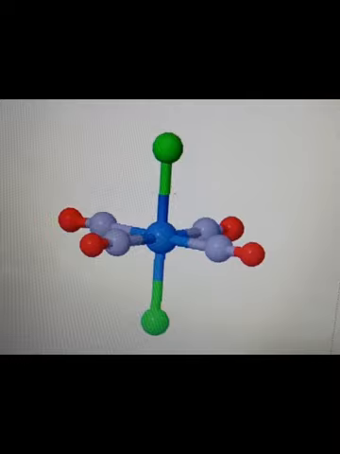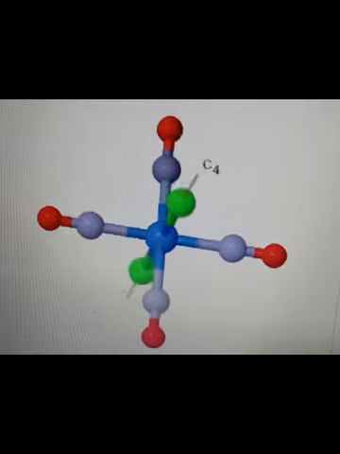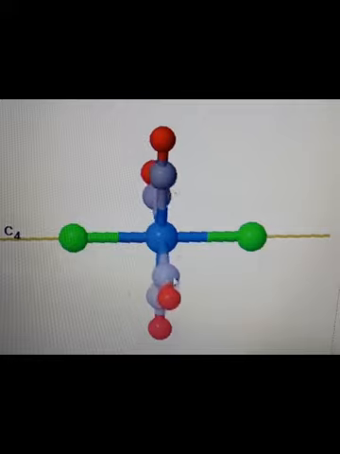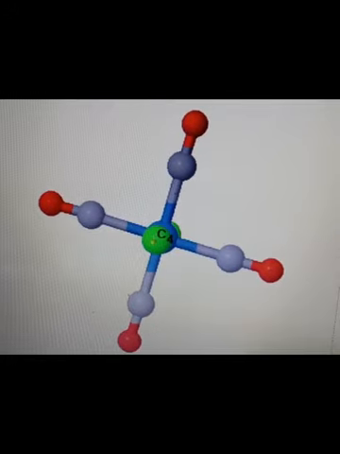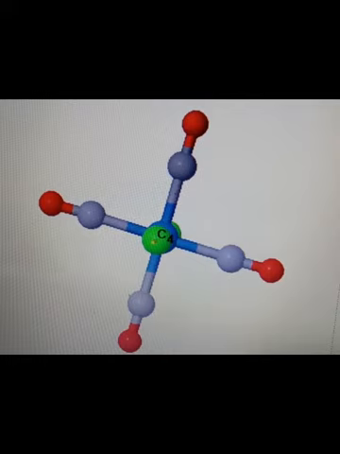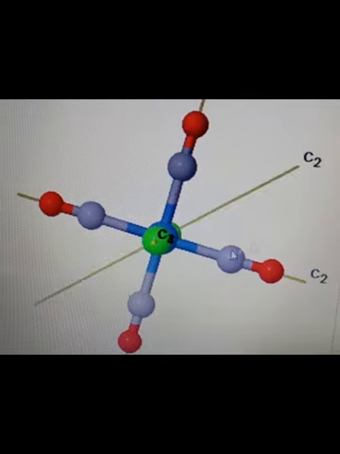Now let us look at the symmetry elements of this. First we should go with the C4 principal rotational axis of symmetry. The C4 principal rotational axis of symmetry is passing through the chlorine, osmium, and the other chlorine atoms. Along this axis, the rotation takes place. So this is how the rotation is taking place. And it has 4 C2s which are perpendicular.